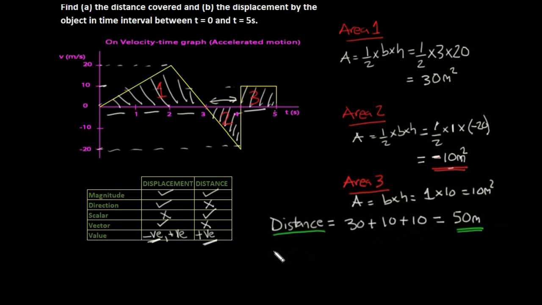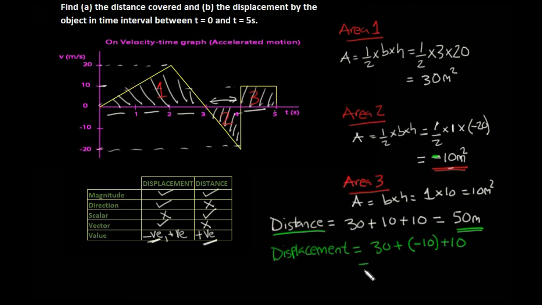Now let's look at the displacement. Displacement is going to be 30, the first area, plus, now we're going to look at the direction, because the object is decelerating, or the car is decelerating. We got minus 10 plus 10.